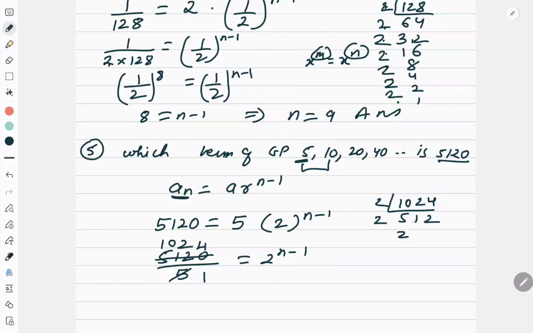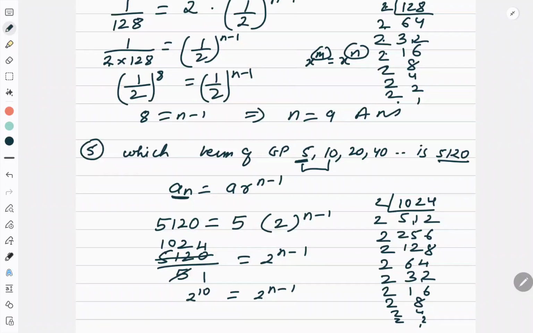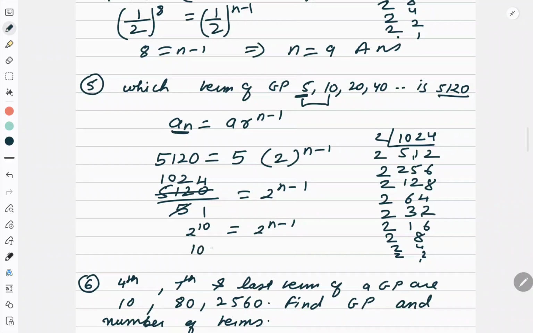Okay? 2 twos are 4, 5s are 10, 6. 2 1s, 2 twos are 4, 8. 2 8s are 2, 4s are 2, 2s are 2, 1s are 1, 2, 3, 4, 5, 6, 7, 8, 9, 10. Right? So 2 to the power 10 is equal to 2 to the power n minus 1. So my 10 value is equal to n minus 1, which implies n is equal to 11.